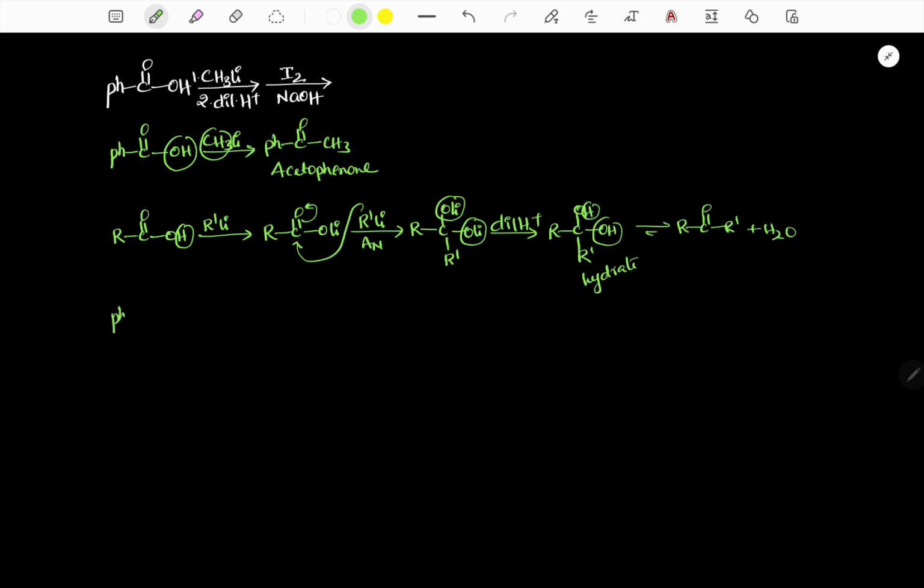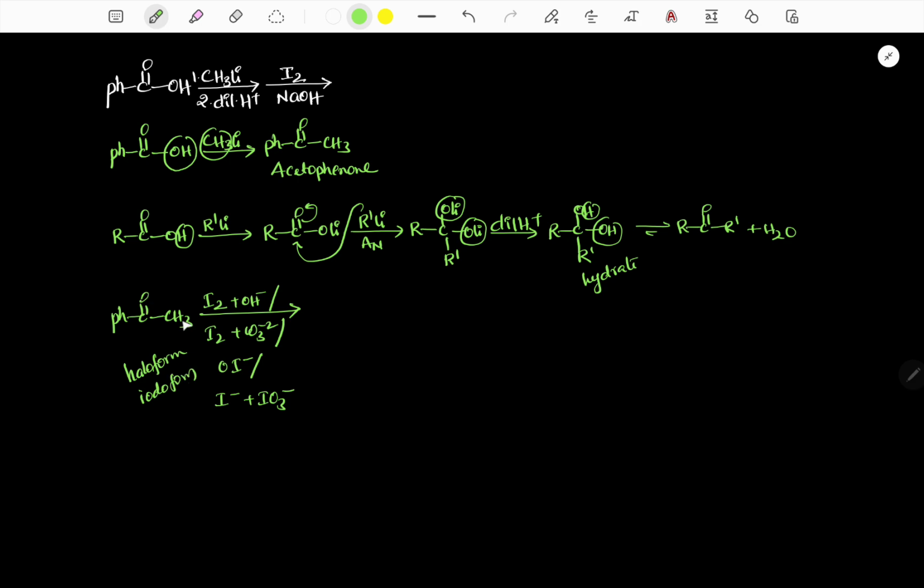Now the acetophenone is treated with I2 and OH minus. We can also consider I2 plus CO3 2 minus, IO minus, or I minus plus IO3 minus. In the presence of any one of these reagents, first we should think about the haloform test. Since it is iodine, we should think about iodoform.